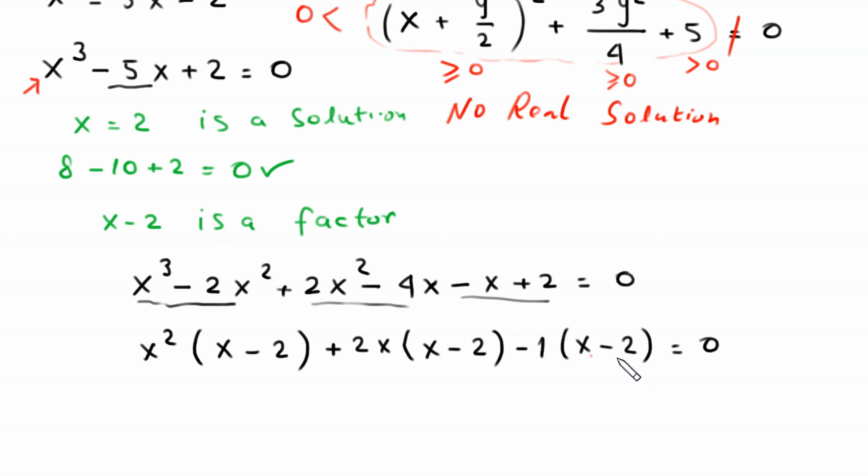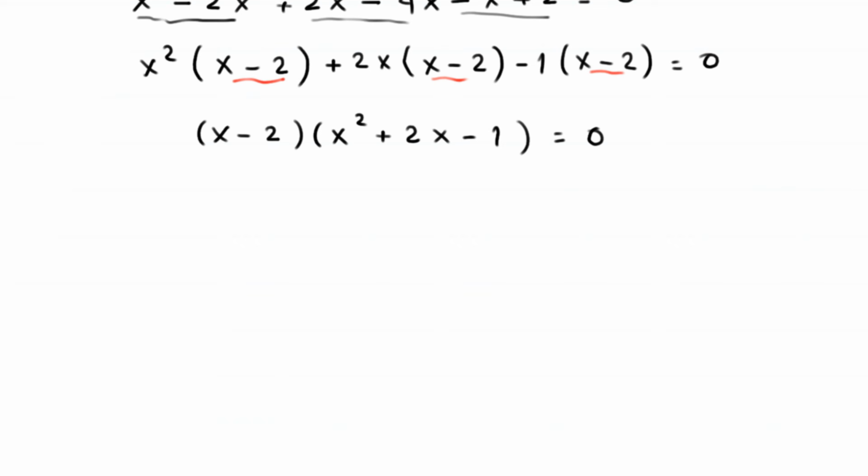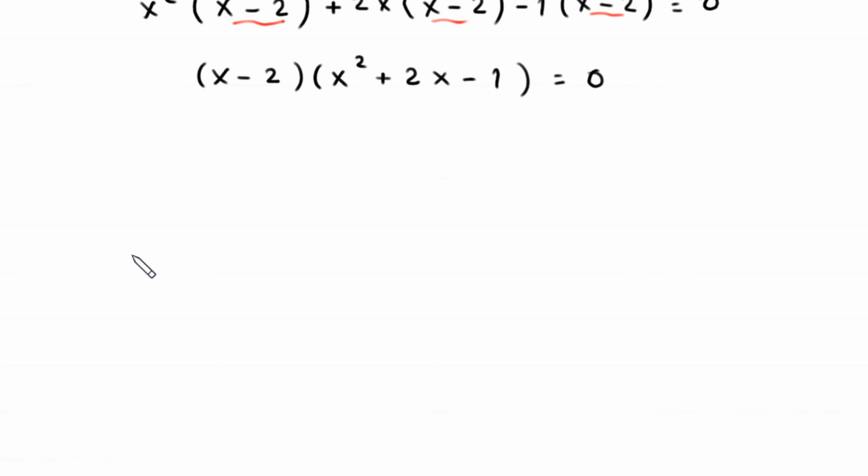This x minus 2 is a common factor, so we factor out this x minus 2, and in bracket x squared plus 2 times x minus 1 equal to 0. Now from here, either this expression x minus 2 equal to 0 or this expression x squared plus 2 times x minus 1 equal to 0.